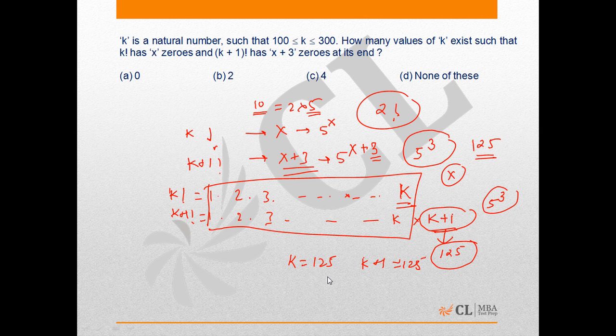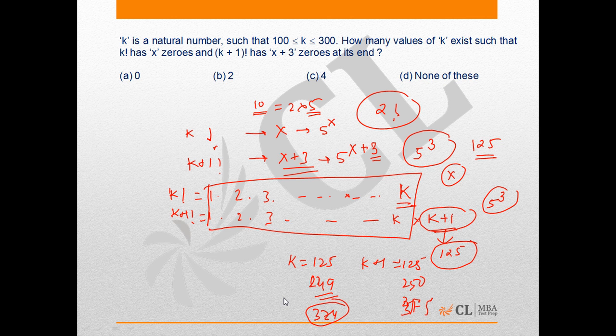In the second case, when k plus 1 is the next multiple of 125, which is 250, k will be 249, and the next value of k plus 1 will be 375. In that case k will be 374, which is not possible as k lies between 100 and 300.